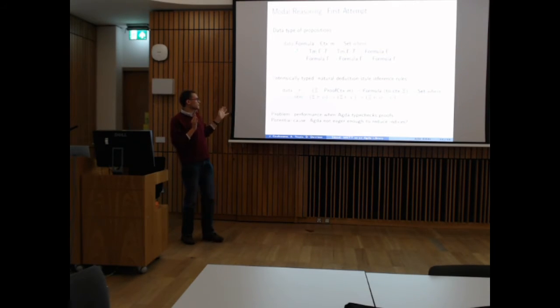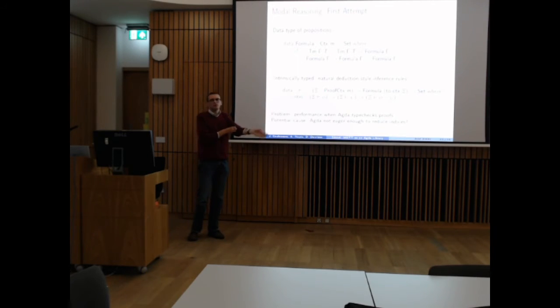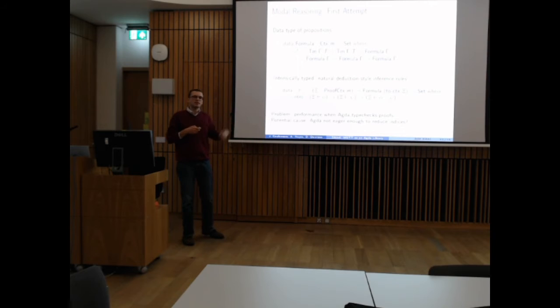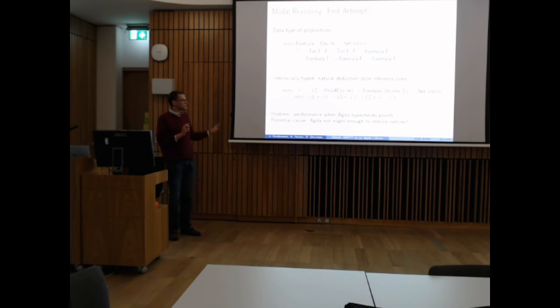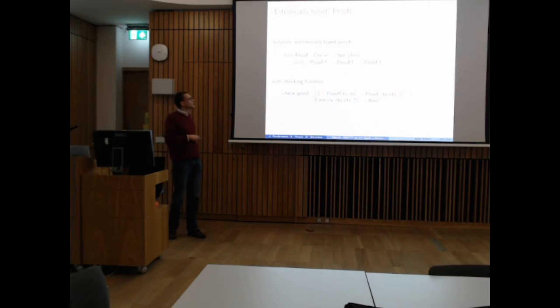And I think a potential cause of the performance issues here is that Agda is not eager enough to normalize all of these operations, normalize these indices here in the inference rules, so that you get very, very big Agda terms. So that's my suggestion of why it might be slow. In any case, this is very slow to type check.